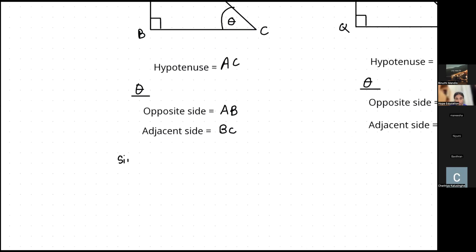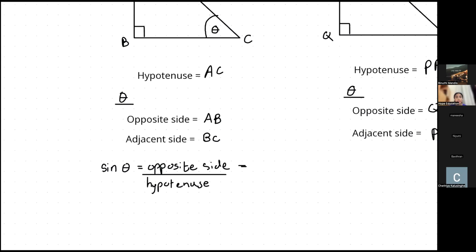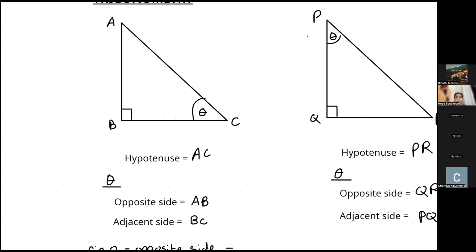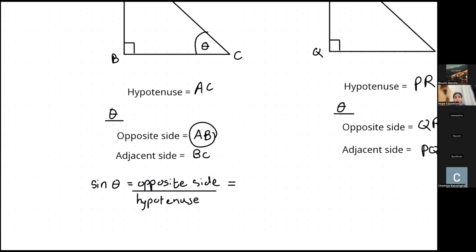Sine theta, whatever the angle you have, is found as opposite side divided by hypotenuse. In this case, theta's opposite side is AB. Hypotenuse is AC. So that is AB over AC.